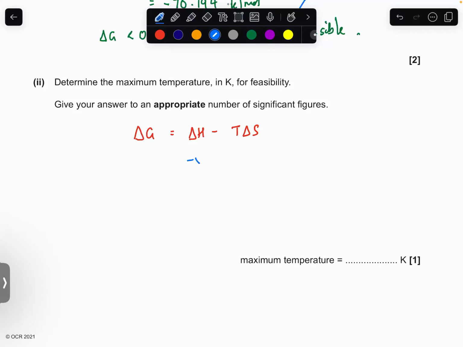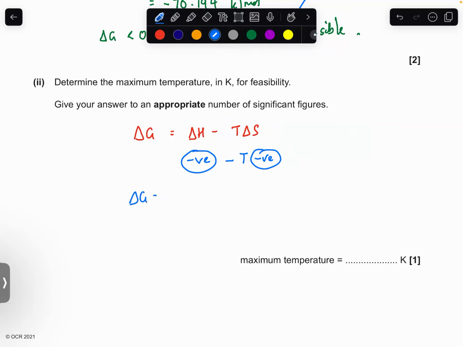This is a negative value, delta H, minus T multiplied by another negative value. As temperature starts to rise, because you've got a negative and a negative, if the temperature gets too high, then this becomes greater in magnitude than the delta H. That will give you a positive delta G value, not making it feasible anymore. So by rearranging the equation, we can work out what that maximum temperature is.